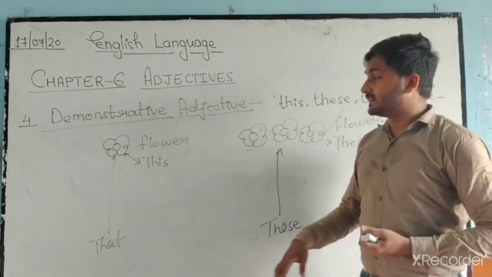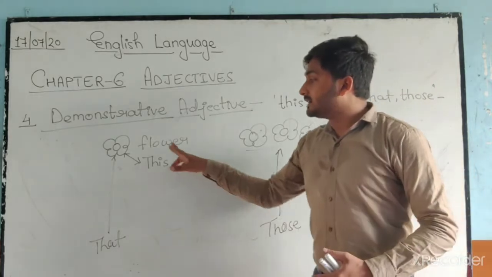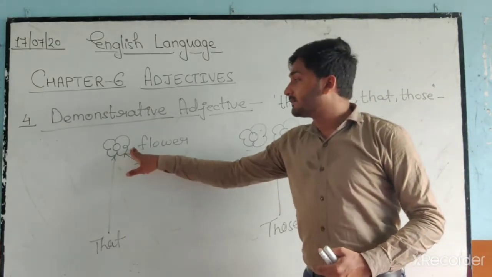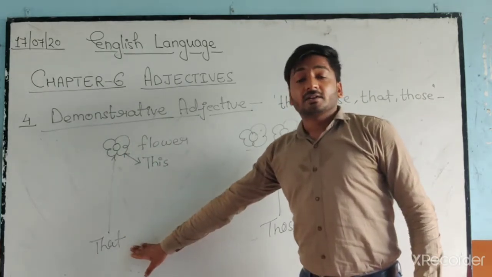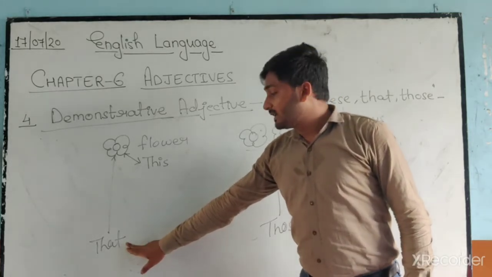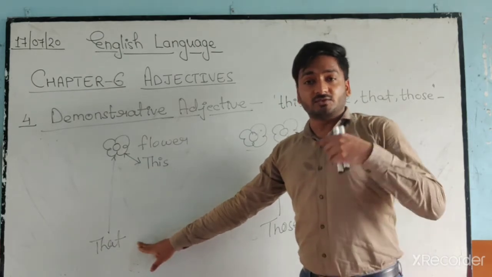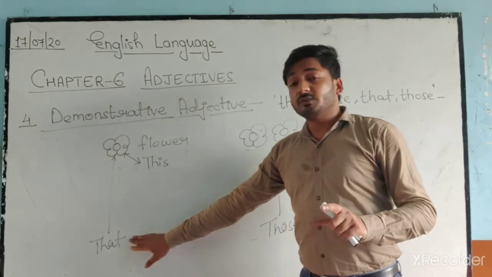Now you can see the difference: when a noun is near to us and it is in singular form, then we use this flower. If the noun is far from us and it is in singular form, then we use that with it. That flower.